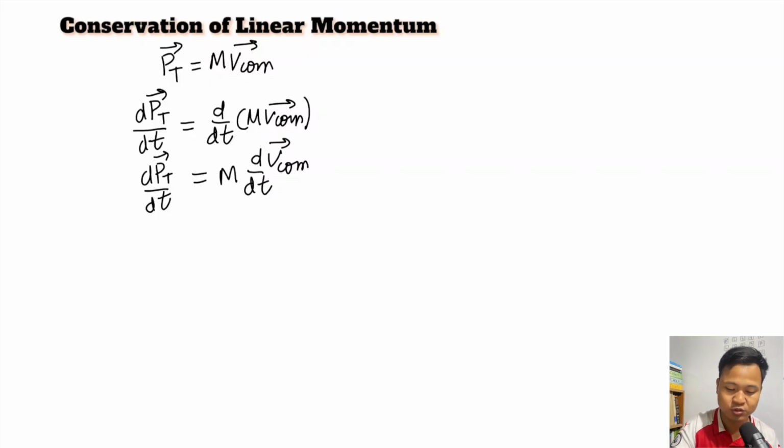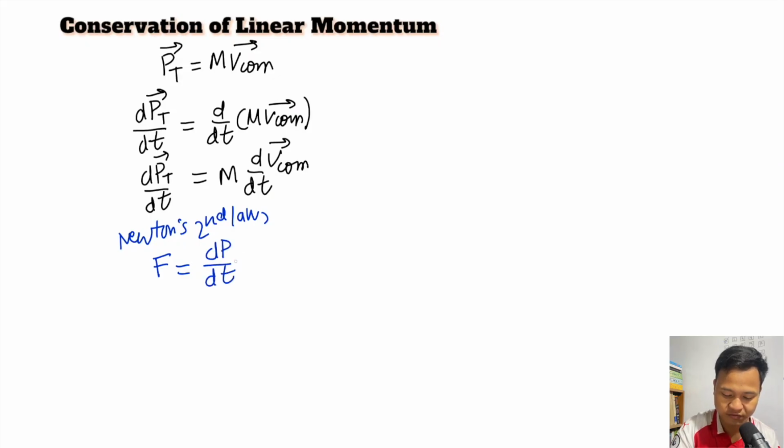According to Newton's second law, the applied force is the rate of change of momentum. So that means the rate of change of momentum is the force. What is the force?